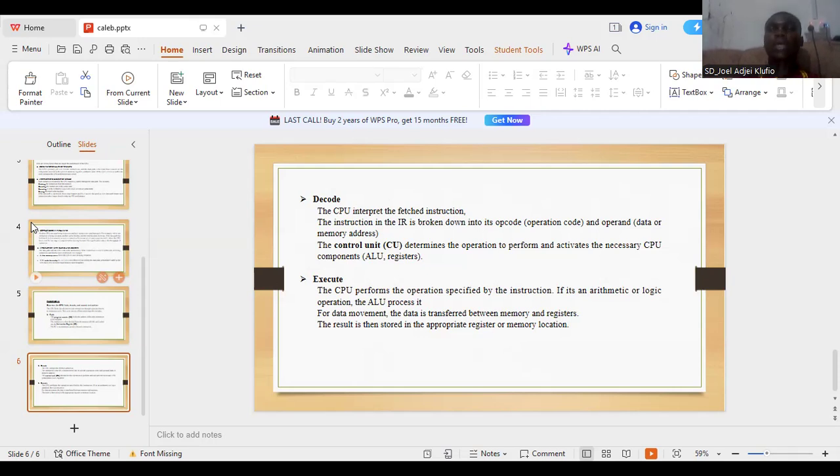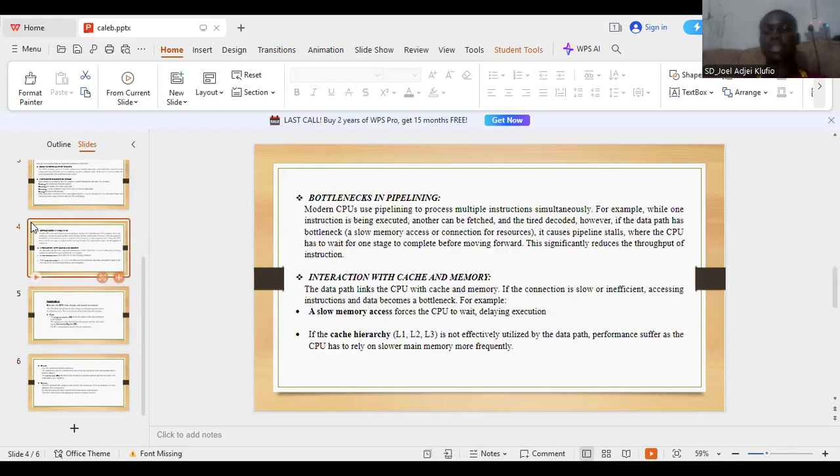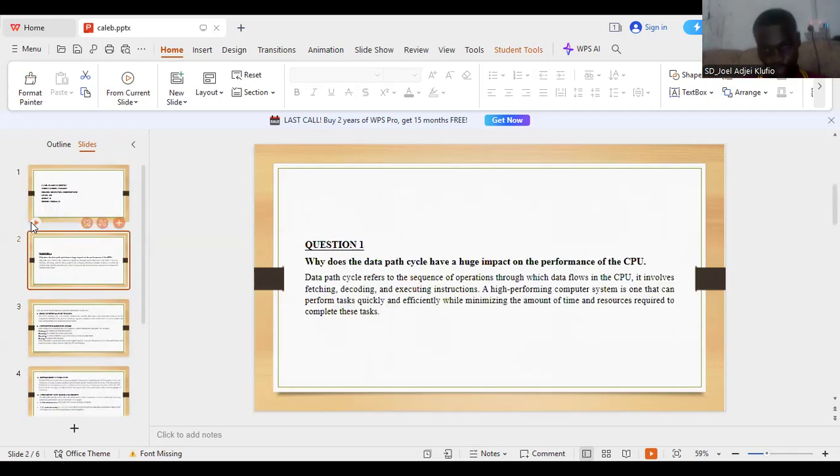In summary, the data path cycle is the stages the CPU goes through to fetch the code and execute an instruction.